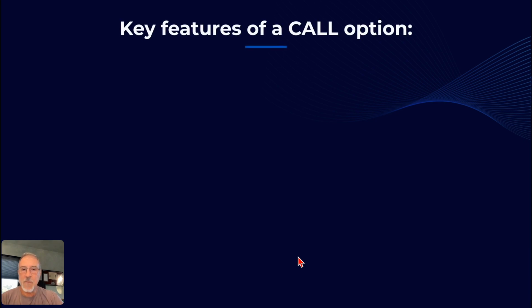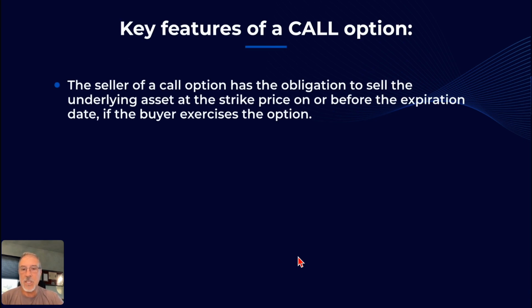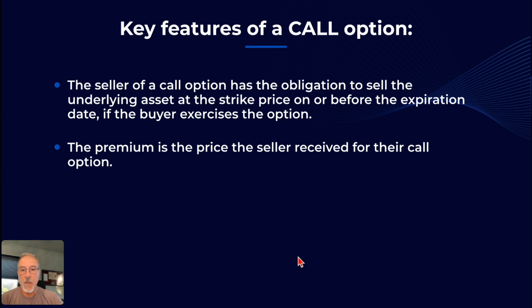So the key features of a call option: the seller of the call option has the obligation to sell the underlying asset at the strike price on or before the expiration date if the buyer exercises that option. The premium is the price the seller received for their call option, and if I'm the buyer, it's the price that I paid.